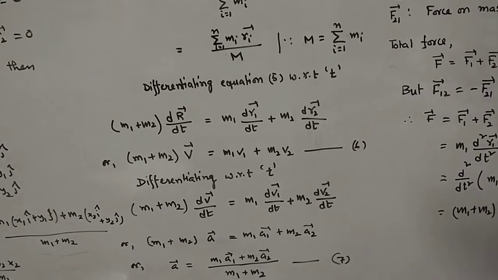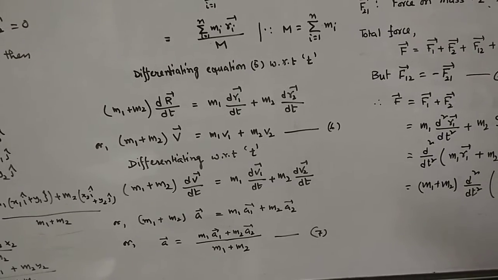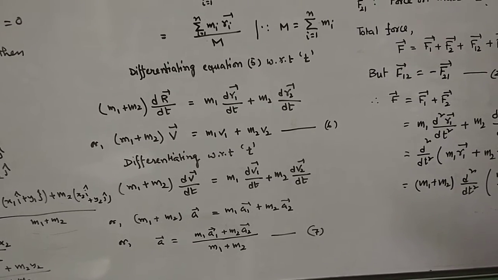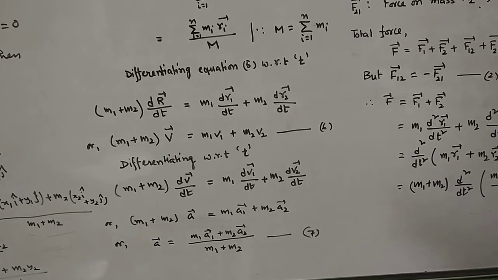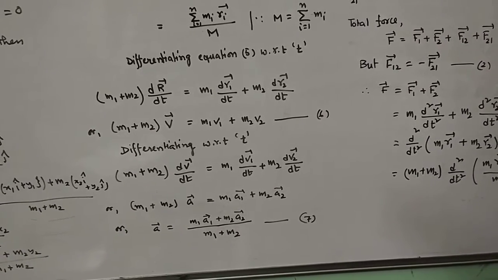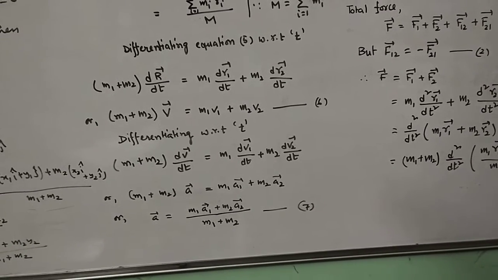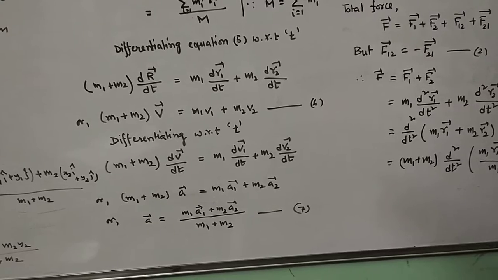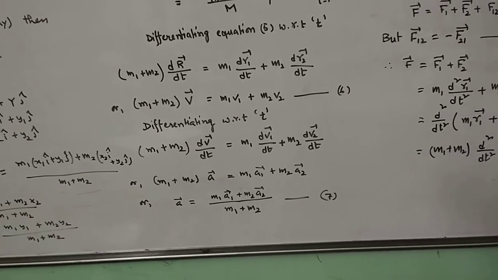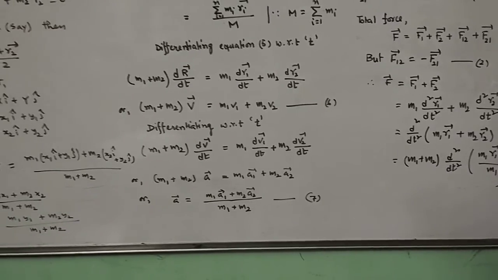You can further define the acceleration of the center of mass by differentiating with respect to time. So m1 plus m2 dv dt equals m1 dv1 dt plus m2 dv2 dt, that is m1 plus m2 a vector equals m1 a1 vector plus m2 a2 vector. So a vector is nothing but m1 a1 vector plus m2 a2 vector by m1 plus m2. This gives you the acceleration of the center of mass in a two particle system.